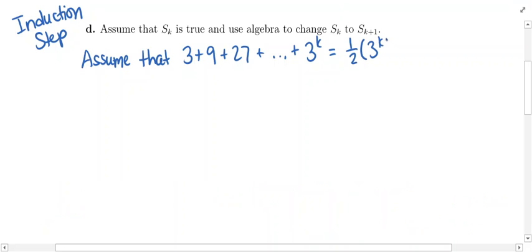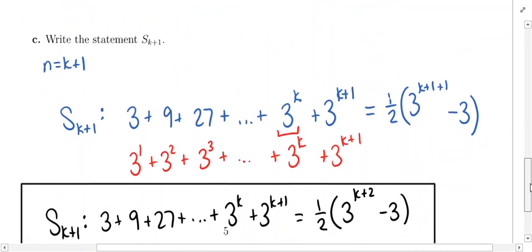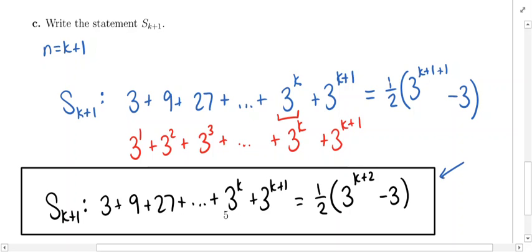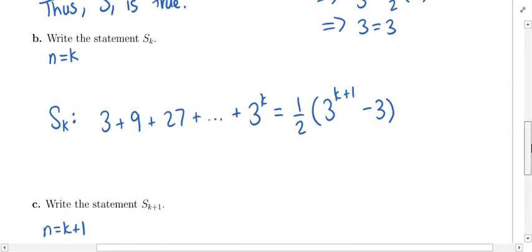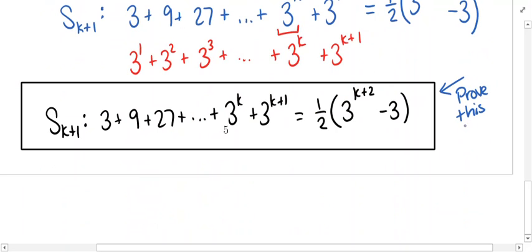Write the whole statement down. We're assuming that this statement is true. We accept it. Now we need to prove that the statement is true for S of k plus 1. Our goal here is proving that this thing in the box is true. We're assuming this, and we're using it to prove this.